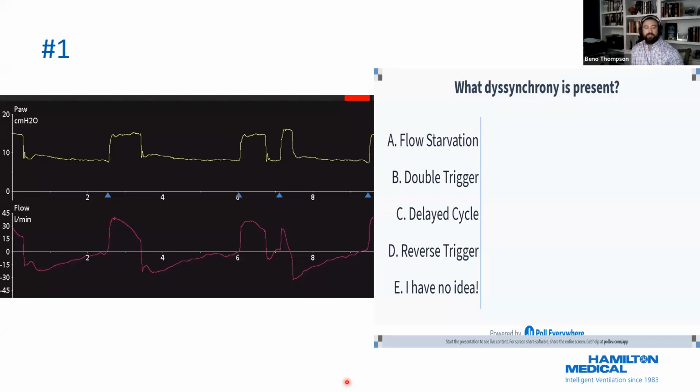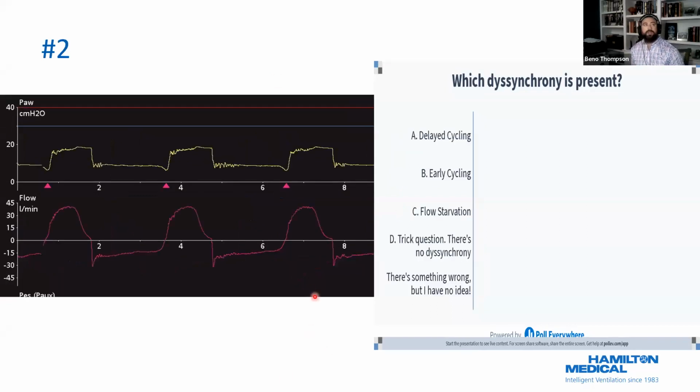So flow starvation won out, even though it is not the correct answer, sorry to say. It's actually a double trigger, and we'll talk about why that is in a little bit. But double trigger can be caused a little bit by flow starvation. Next.